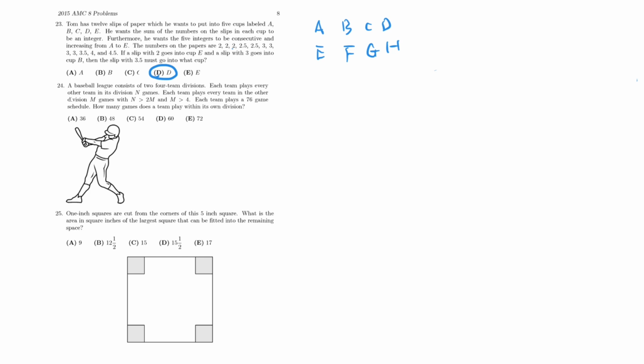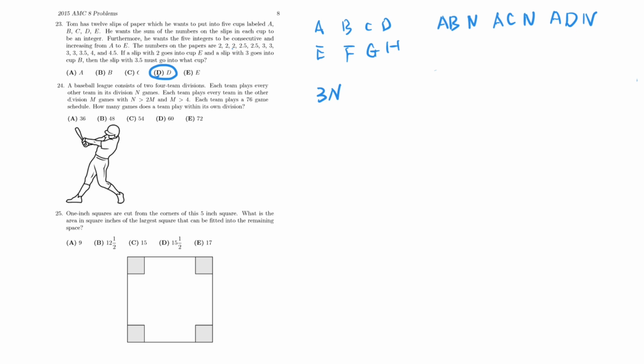For example, AB will play N times, AC N times, AD N times. So that means A plays inside the division 3N. The total games will be 3 times N.